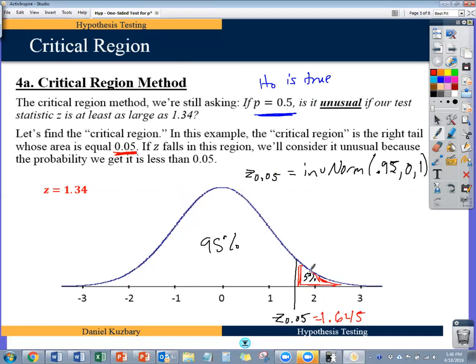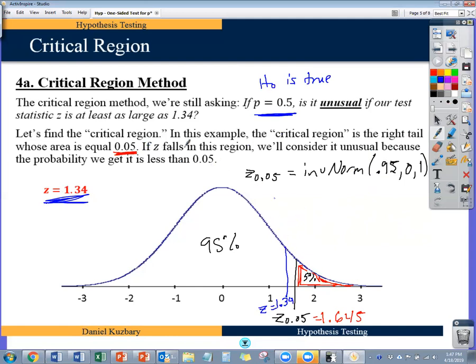So anything bigger than 1.645 is going to be in the critical region. Anything smaller than 1.645 is not in the critical region. And look, our test statistic is smaller than 1.645. So on my picture, it would go right around here. So this is 1.34, which is Z. In other words, it's not in the critical region.